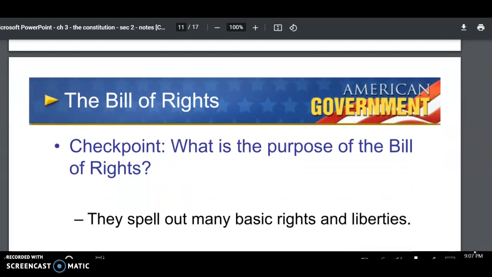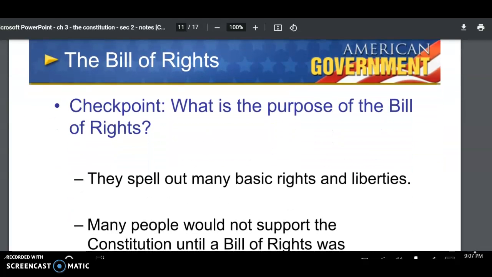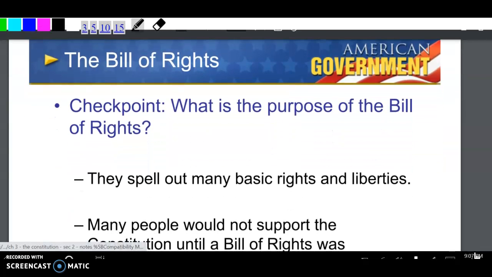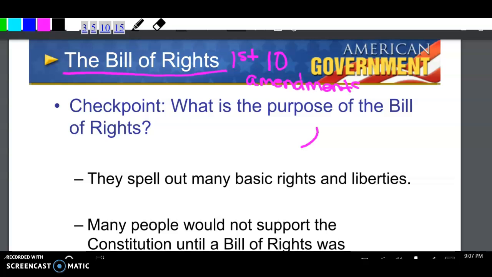Next up is the Bill of Rights. Remember, the Bill of Rights are the first 10 amendments to the Constitution. They have their own title. What you need to know there is the first 10 amendments is called the Bill of Rights. They spell out basic rights and liberties.